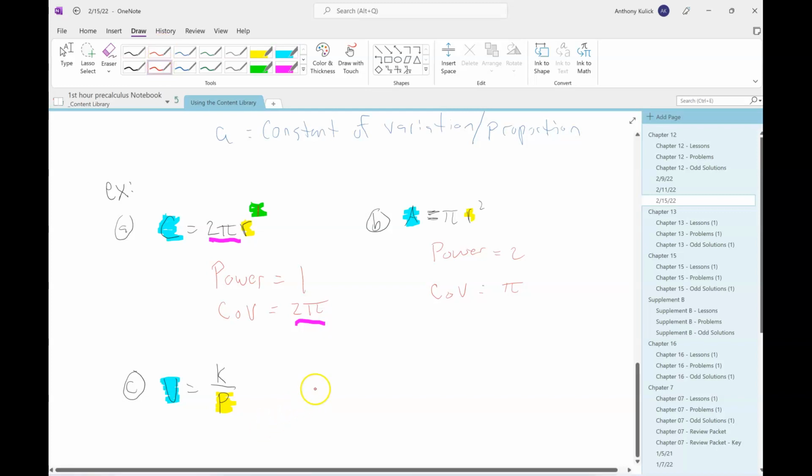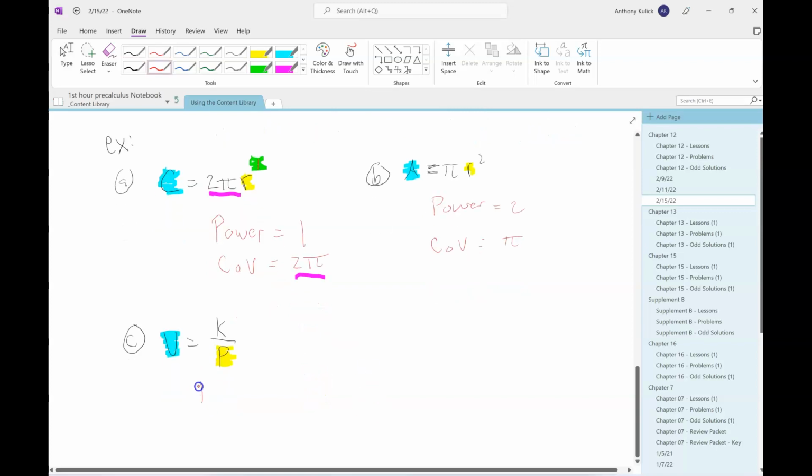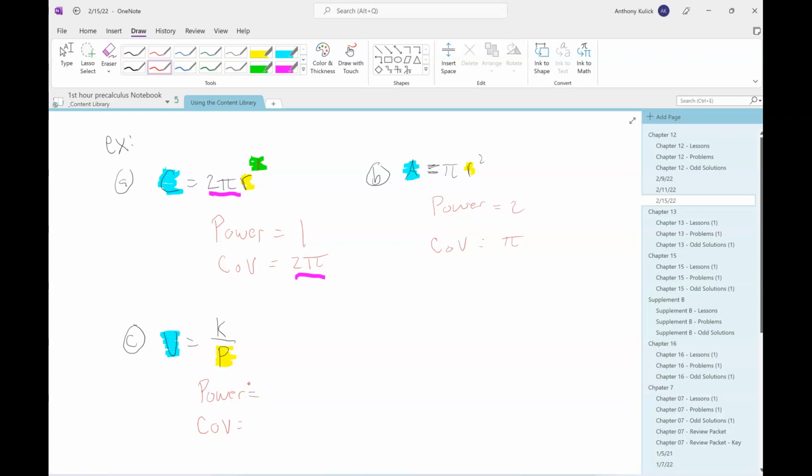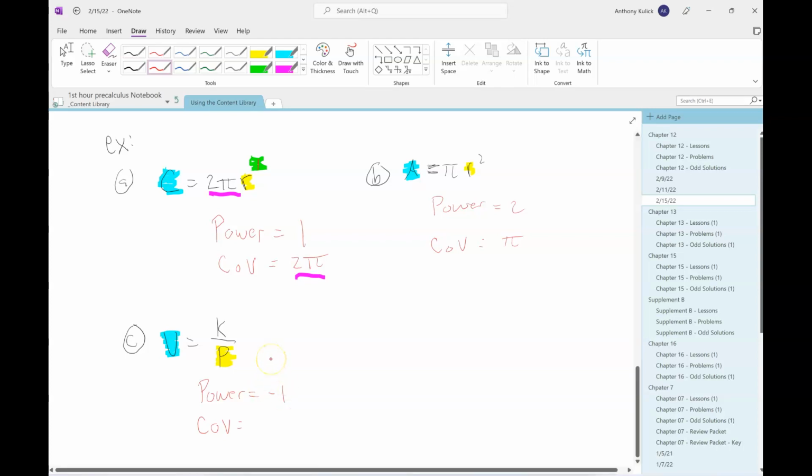So what's the power in this situation? This one's a little bit trickier. Would it be 1 or negative 1? That's the question, right? What do you guys think? 1 or negative 1? It is negative 1. Why is it negative 1? Because the variable's in the denominator.